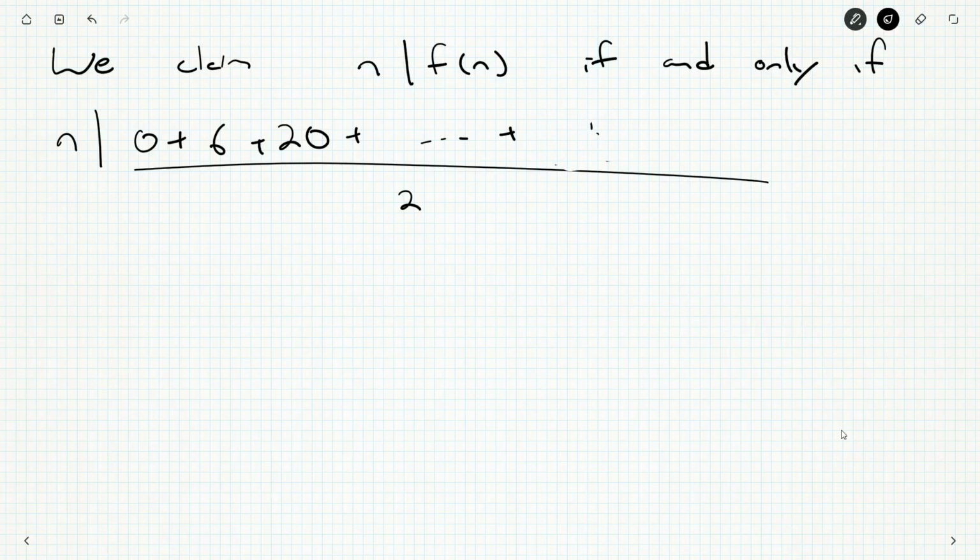Okay, so it goes 0, 1, 2, 3, 4, 5. N times, and it'll be either plus 1 or minus 1 depending on whether n is odd. There we go.